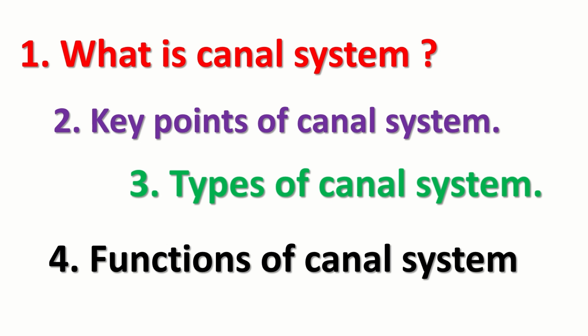So what is a canal system? Which are the main points of the canal system, the types of canal system, and the functions of that particular canal system which is found in the Porifera. So what is a canal system?